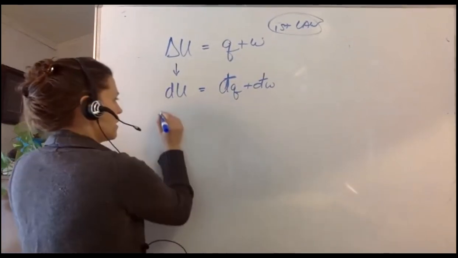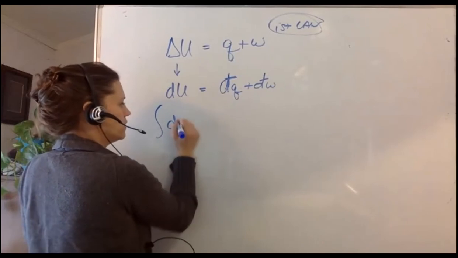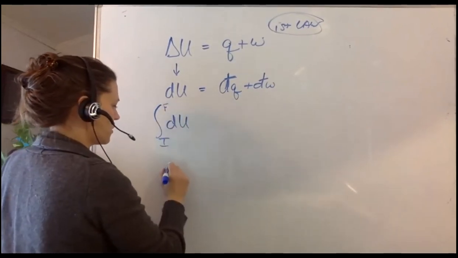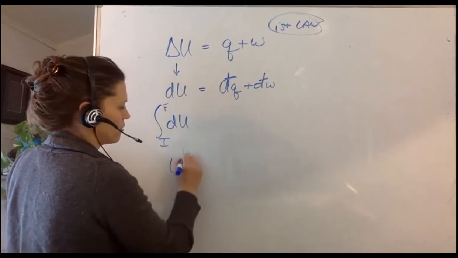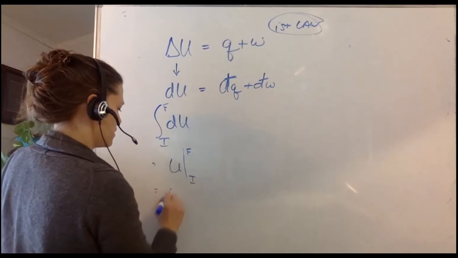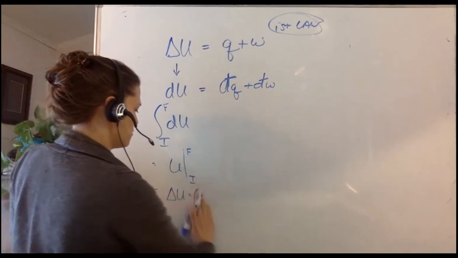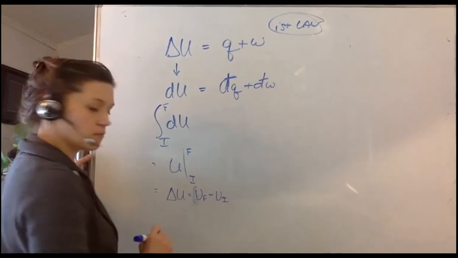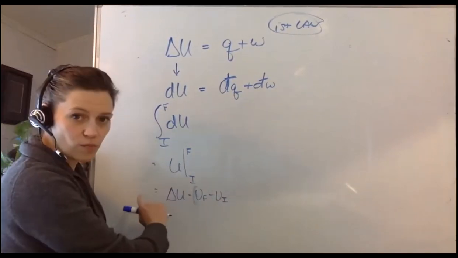But what we can say is that if I were to integrate dU from some initial to some final state, that would give me U evaluated from the initial to the final, which would give me delta U, which again is U final minus U initial, which is what this notation represents.